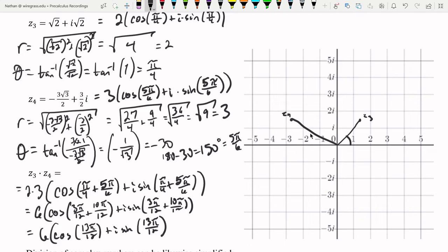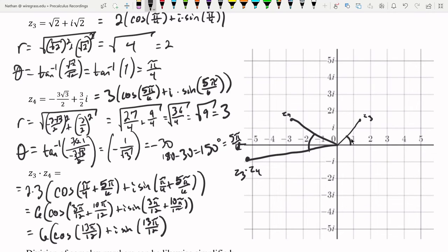We're going to add on to that here. So it's going to be something like this. And it's going to be 6 out. So I don't know how far that is. It's probably going to be somewhere around here, I would guess. Because 6 on the axis is going to be right here. That's probably going to be a little bit back, actually. I would guess something like this. And this is Z3 times Z4.